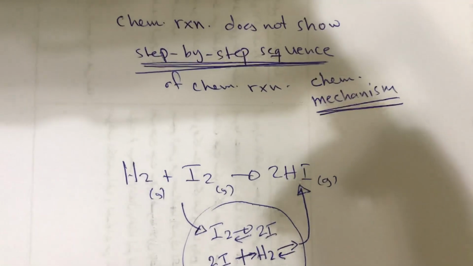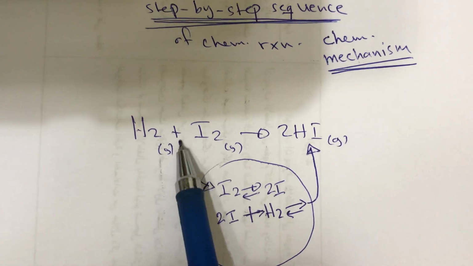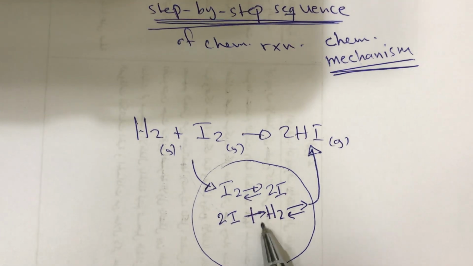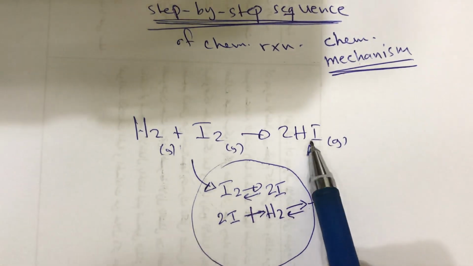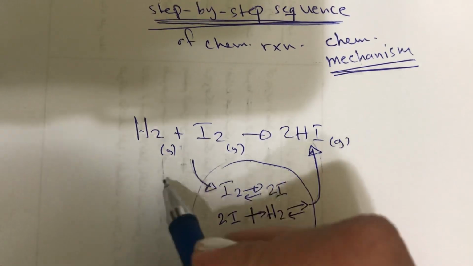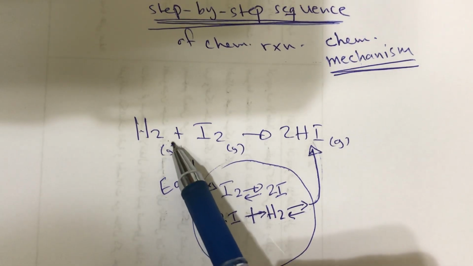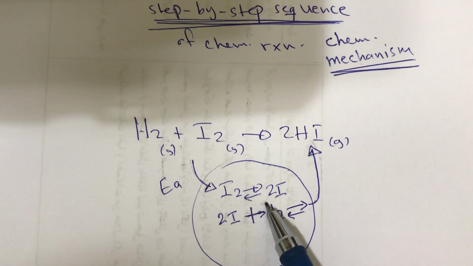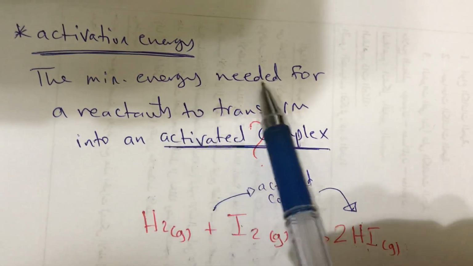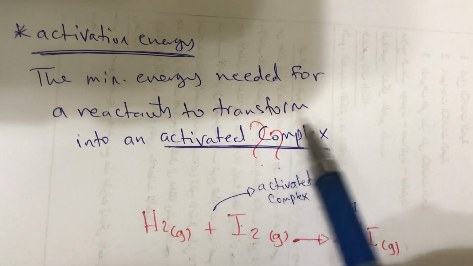So again, for this reaction to occur, the reactant must be transformed to the activated complex, then the activated complex transforms to product. So this is the activation energy: the energy needed for a reactant to transform to the activated complex. Again, the minimum energy needed for a reactant to transform into an activated complex.